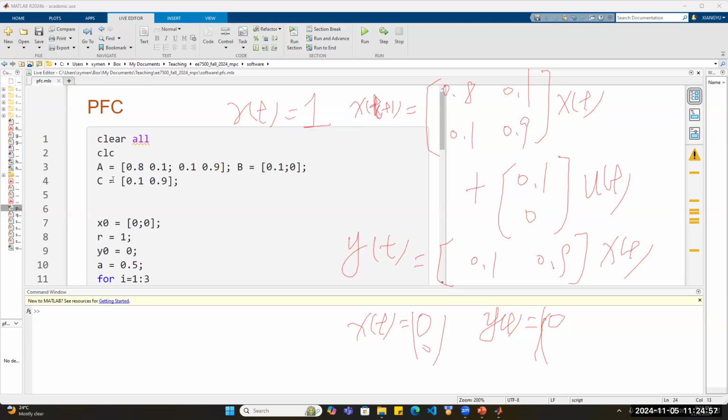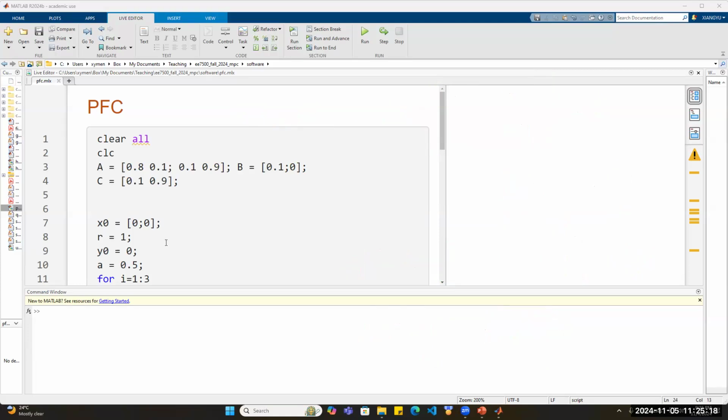So we need to find a control to change the output from 0 to 1 to track the set point. So here, r is defined as 1.